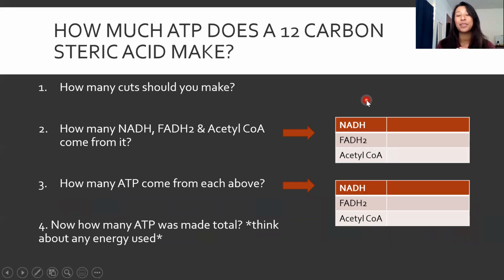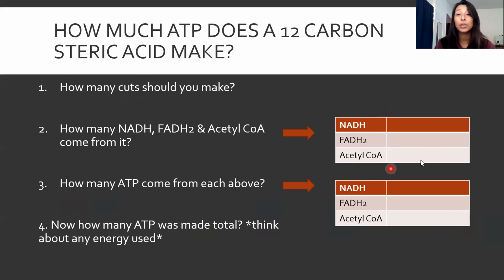Okay, this one is the fun one. Again, I'm not going to go over this. I'm really going to leave this one to Sophia because I think she can better answer it for you guys. But this is what you should be practicing to do. So I gave you guys a 12 carbon stearic acid. Right, so think about, how would you cut that up? How many products are going to be able to come from it?